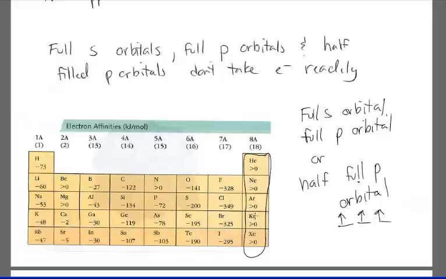So a fully full p orbital is here. Those are positive. A half full p orbital, one example is nitrogen. The lower ones are different, but nitrogen is positive because it's a half full p orbital, and then the full s orbitals are positive or very small. Okay, so these are the things that are going to be, in general, positive. But most atoms will be negative for electron affinity.